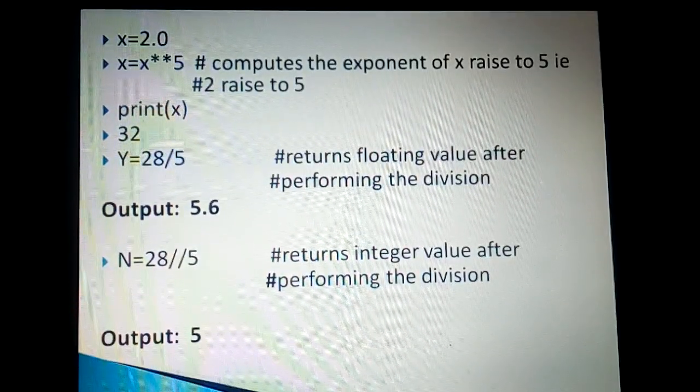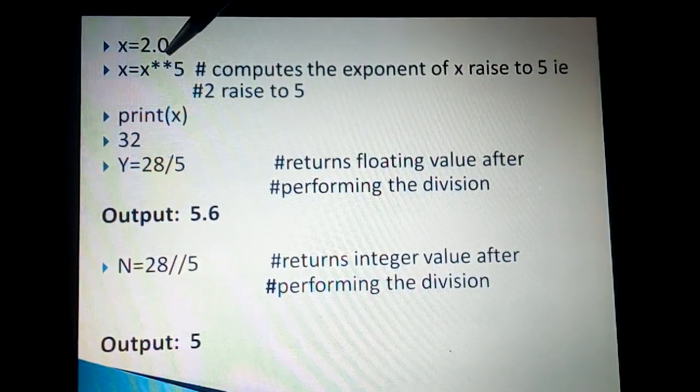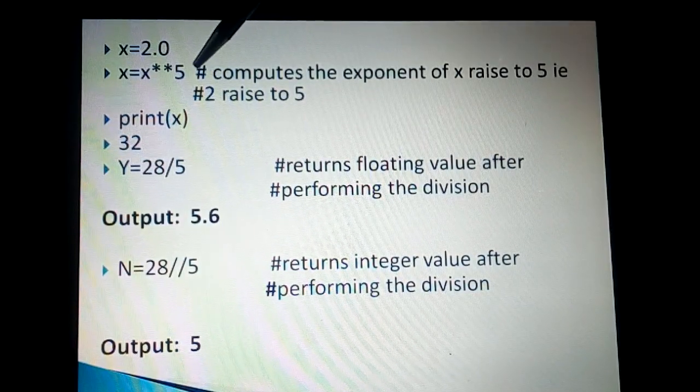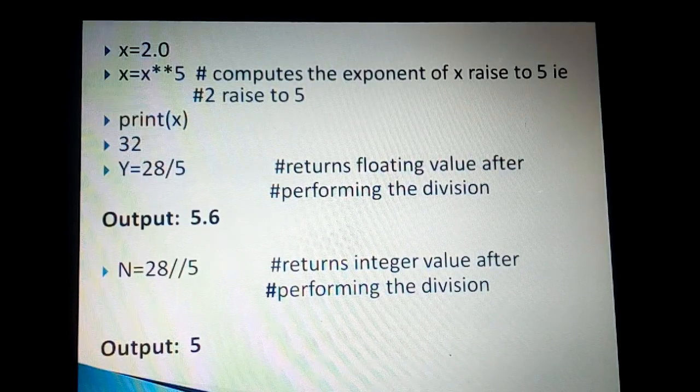Further, we have an exponent operator which is indicated by two asterisk signs. And if I write x equals 2 and x exponent using these two asterisks with 5, it means that we are trying to raise 2 to the power 5, that is nothing but 32.